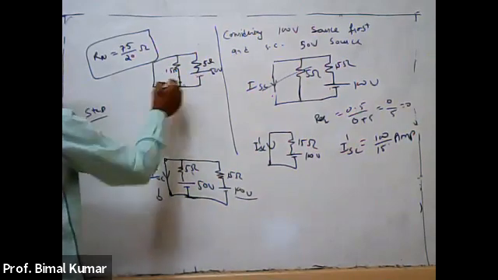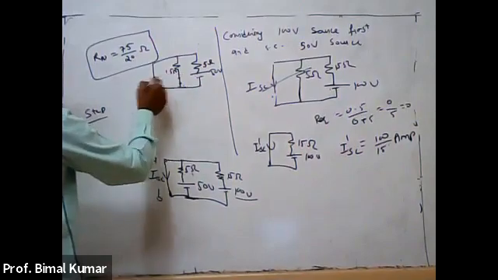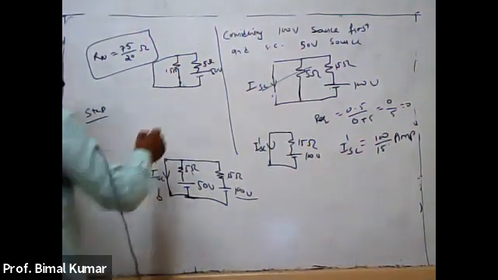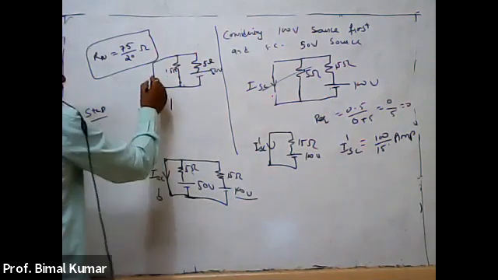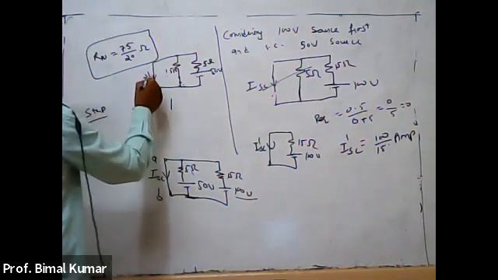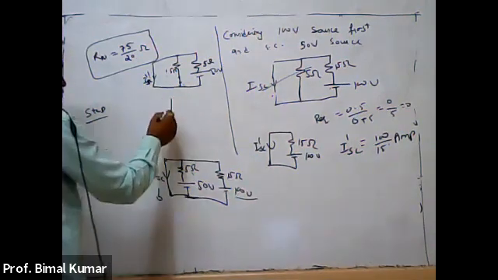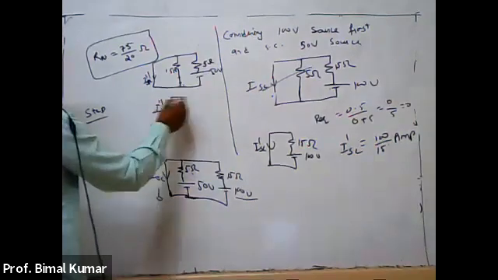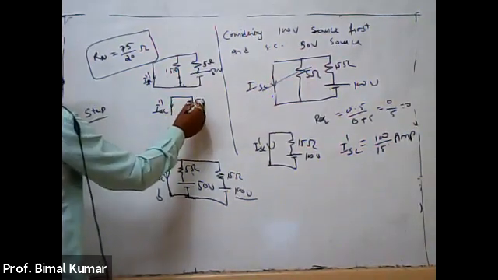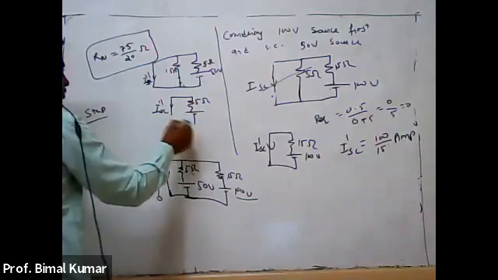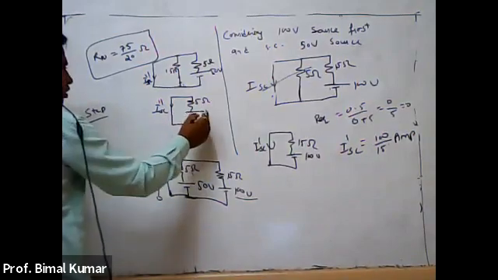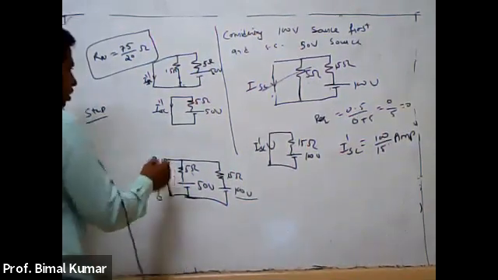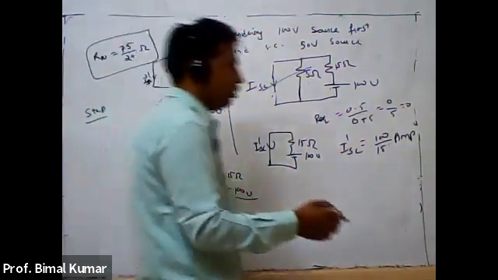This will be short circuit, right? So this 15 ohm in parallel with short circuit will become 0. Now the circuit will be like this. Here I am going to calculate ISC double dash due to the 50 volt source. So here now you will calculate ISC double dash with 5 ohm and 50 volt, right?